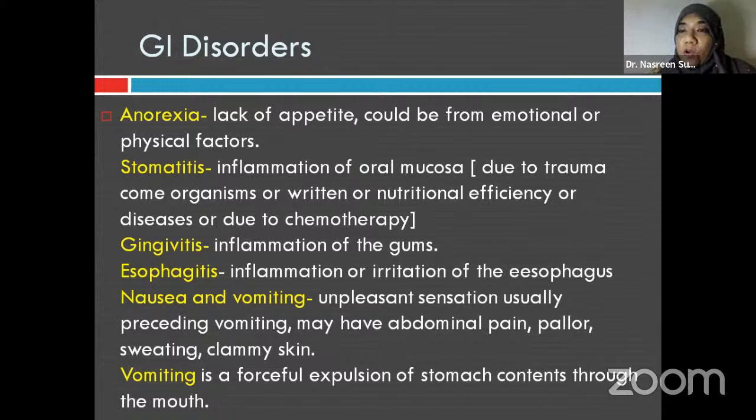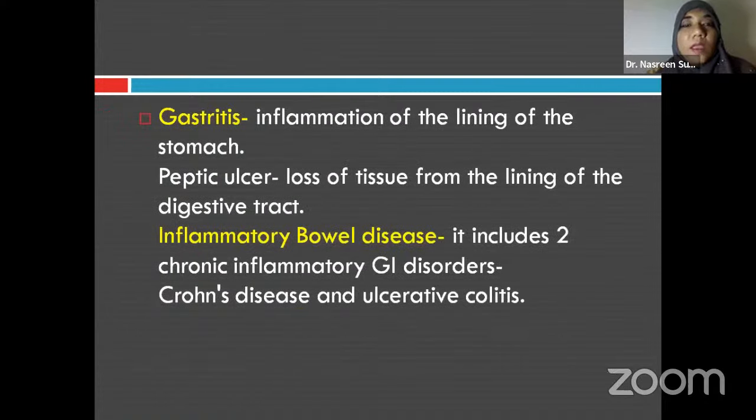Vomiting means forceful expulsion of the contents of the stomach through the mouth. That is called as vomiting. Gastritis, inflammation of the lining of the stomach. Okay, gastric means stomach.